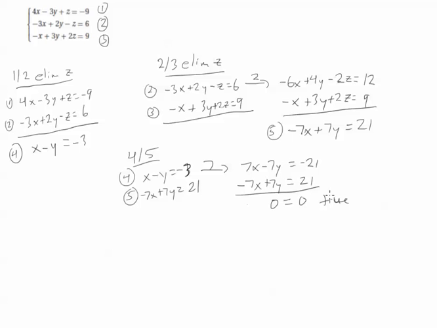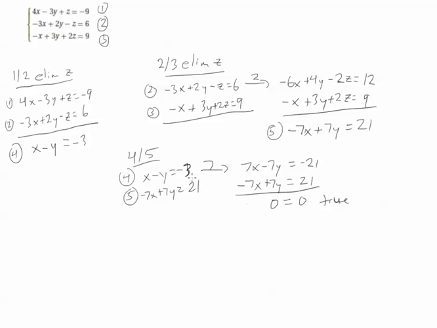And at this stage in my problem, I have involved all 3 of my initial equations. All 3 of the equations in my system are incorporated into this answer. Equation 1 and 2 led me to equation 4. Equation 2 and 3 led me to equation 5. So I've involved all 3 equations in this system.